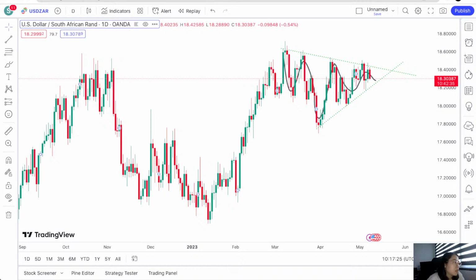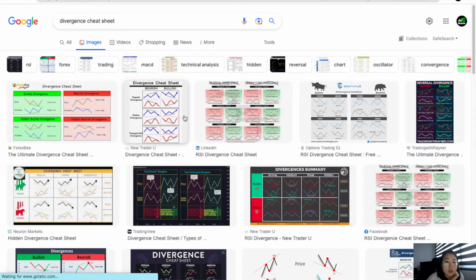Okay, so to answer your question, in an uptrend, if you're taking the bottom, if you're taking the lower highs and then the lower lows here, it's called a hidden divergence.